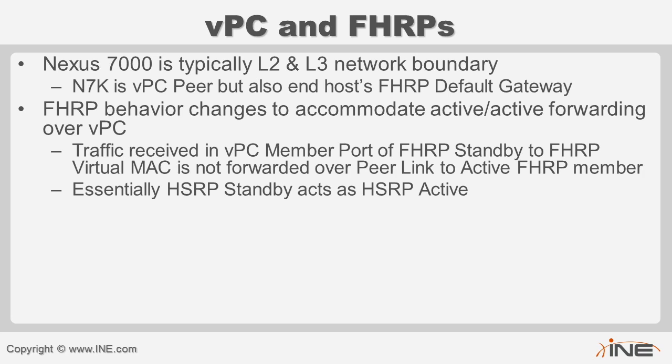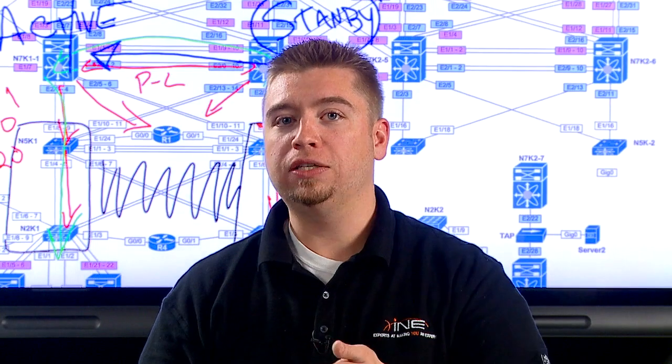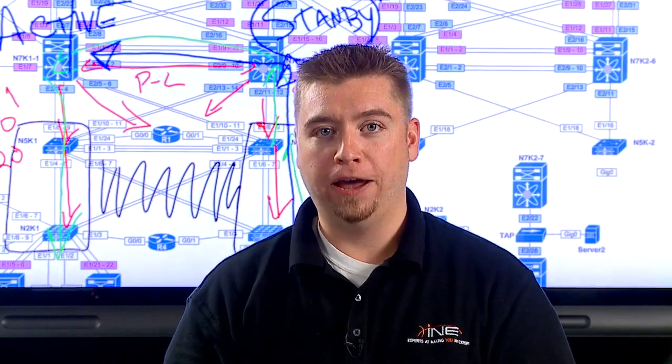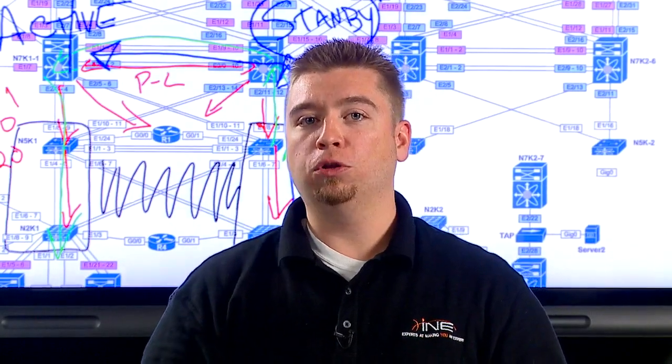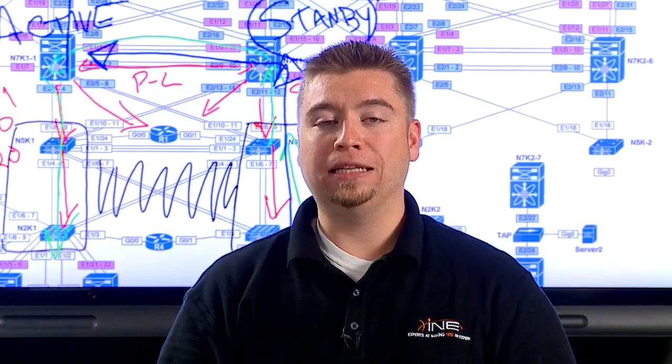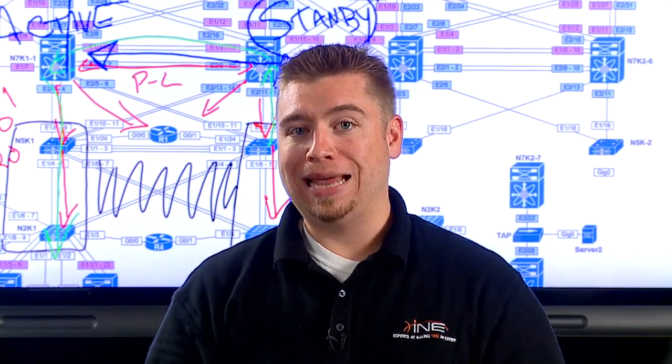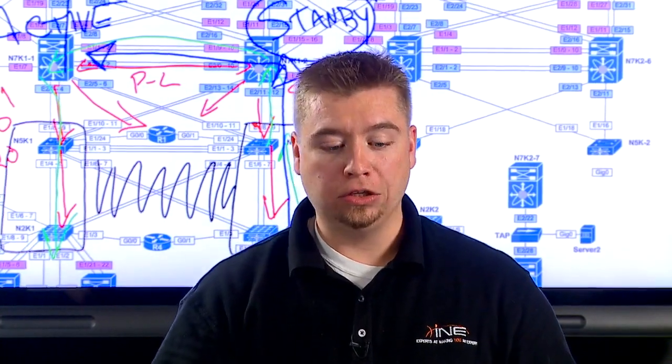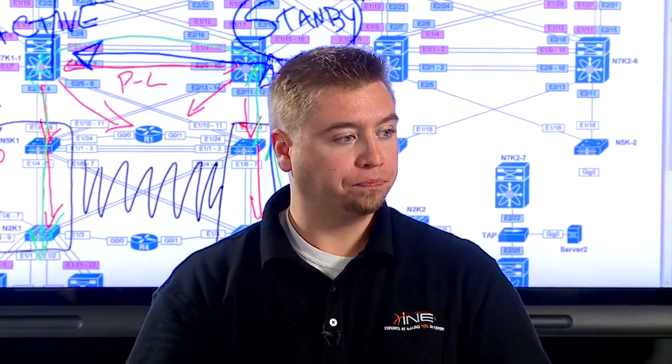Where normally with HSRP and VRRP, we only have active standby forwarding, where one of the layer 3 gateways forwards, the other one is just listening as a backup for the primary to fail. But with VPC, that's not the goal that we're trying to accomplish. We want active-active forwarding on every single link, so we basically need to treat the HSRP standby as if it was the HSRP active device.